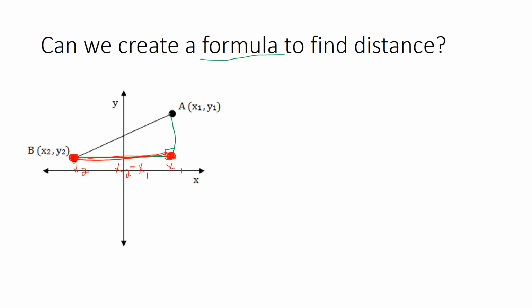If we wanted to find the distance from point A to the right angle, or the height of this right triangle, we would take y2, the y value of point B, minus y1, the y value of point A. And since the overarching goal here is to look for the distance of the hypotenuse, we're just going to label it D right now.